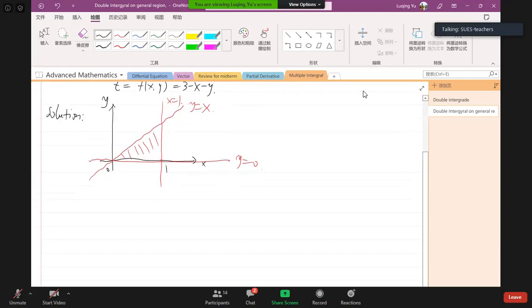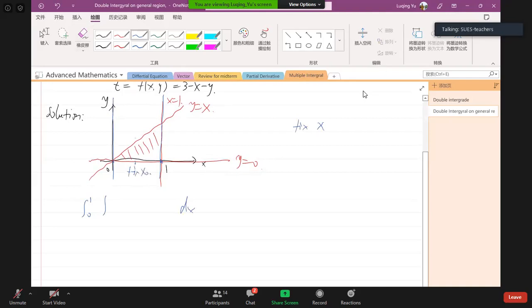So x is from 0 to 1. So we know this range. Then we fix x, 0 to 1, x is already there. Then we need to discuss what y looks like. For y, we are fixing x.